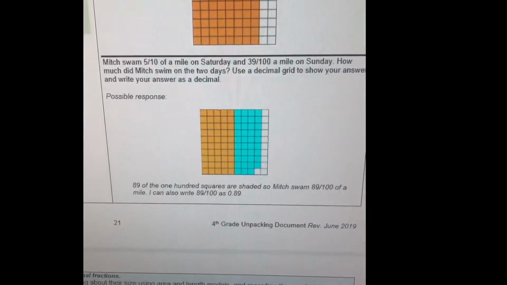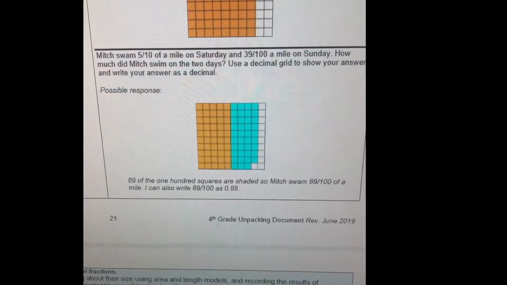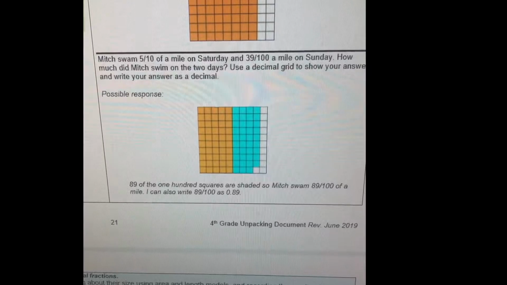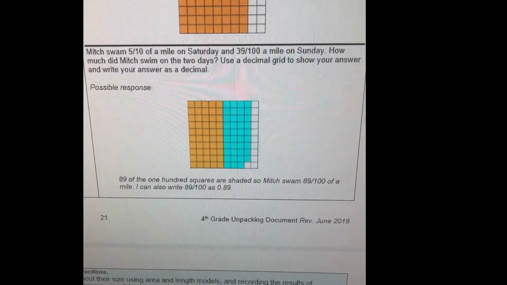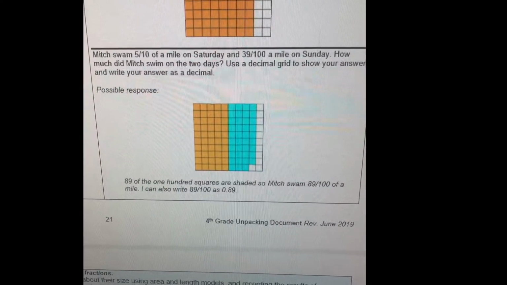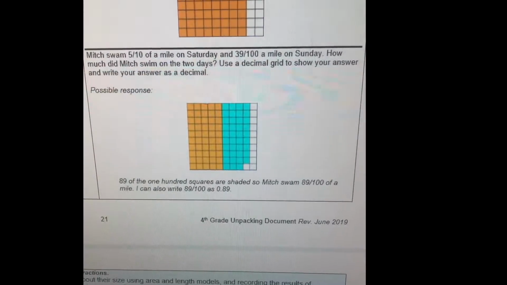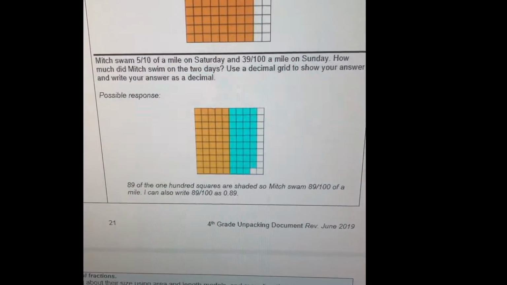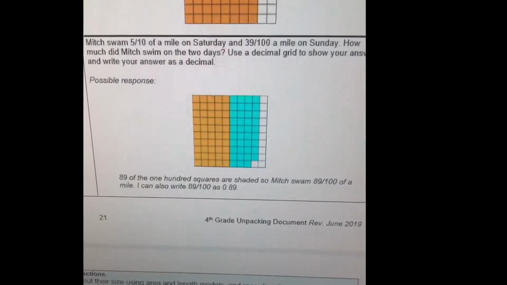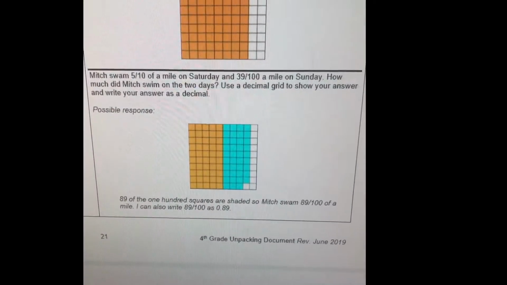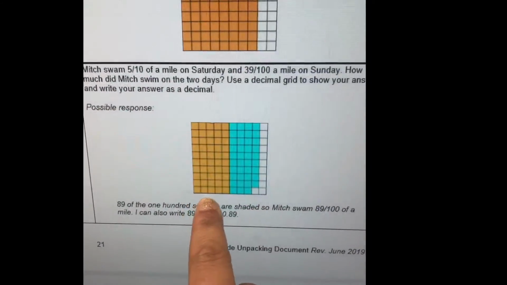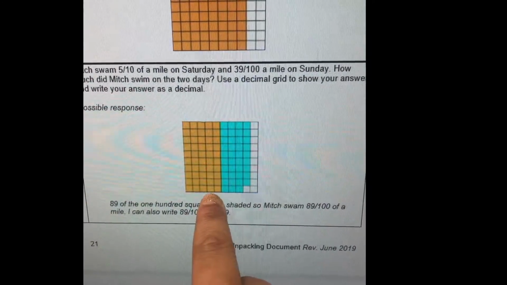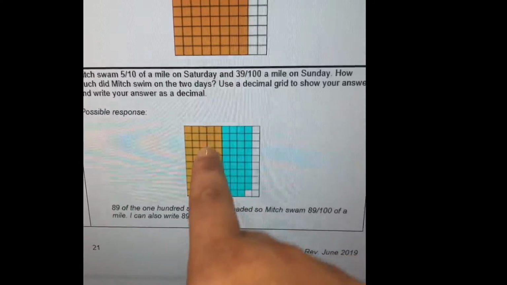Now looking at this problem, Mitch swam 5/10 of a mile on Saturday and 39 hundredths of a mile on Sunday. How much did Mitch swim on the 2 days? Use a decimal grid to show your answer and write your answer as a decimal. So 5/10, it's 1/10, 2/10, 3/10, 4/10, 5/10.